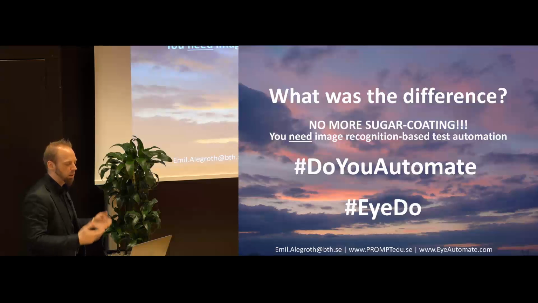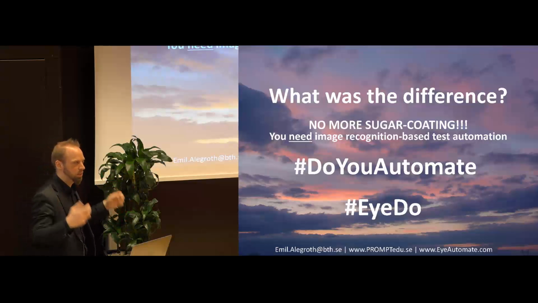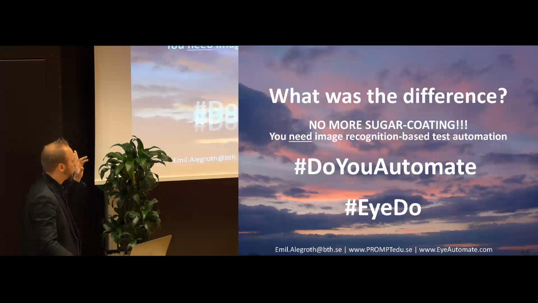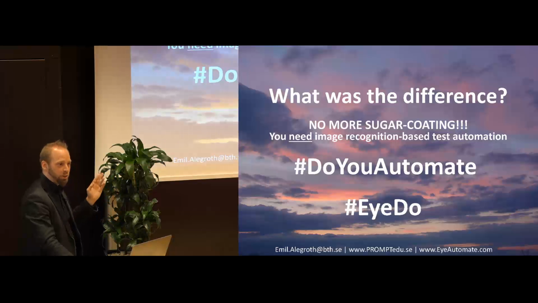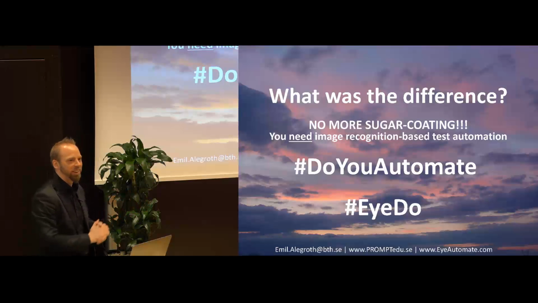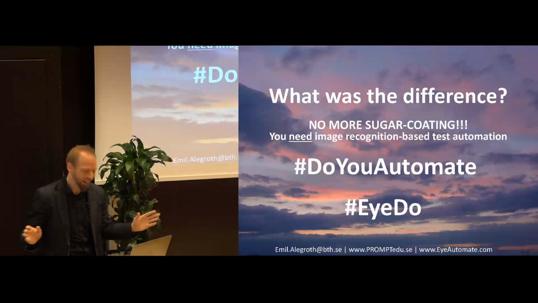Because you will need to automate the validation of things, and in a GUI-based system, you need to operate on the actual graphical user interface. So, do you automate? And then the answer was, I do. The first time I did this at another workshop, I was like, yeah, no one will answer. And then someone went, oh, I do! Whoa, what happened? So, thank you so much.